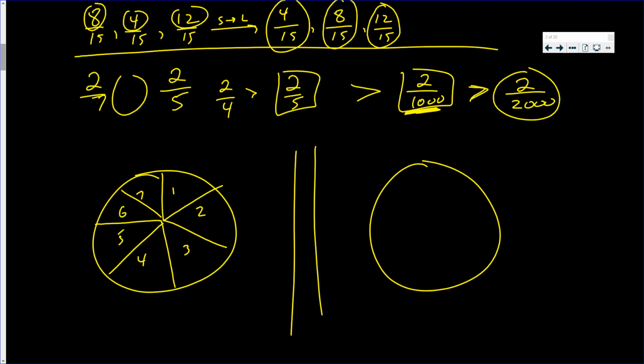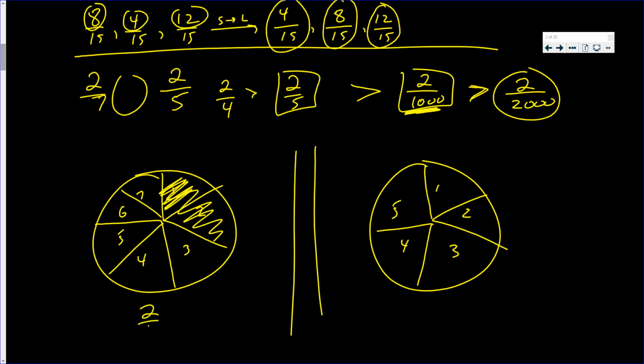And here I do 5. 1, 2, 3, 4, 5. And again, assume that they're equal. Well, here you get to eat 2 out of 7. And here you get to eat 2 out of 5. Thing is, I must confess they look the same size.